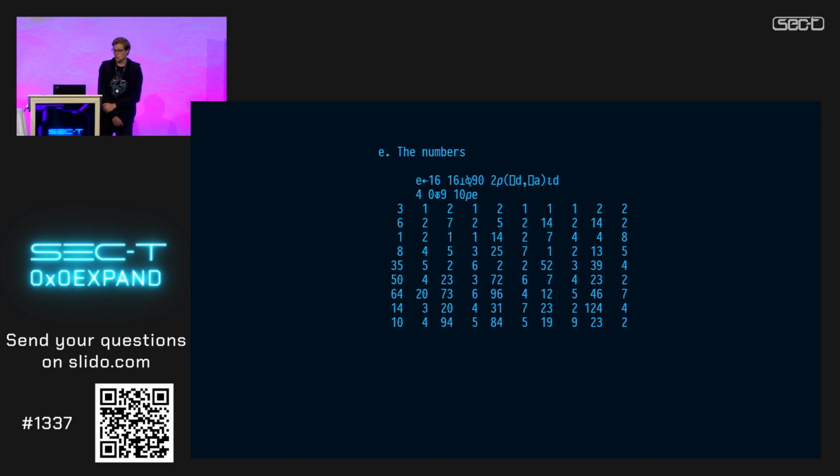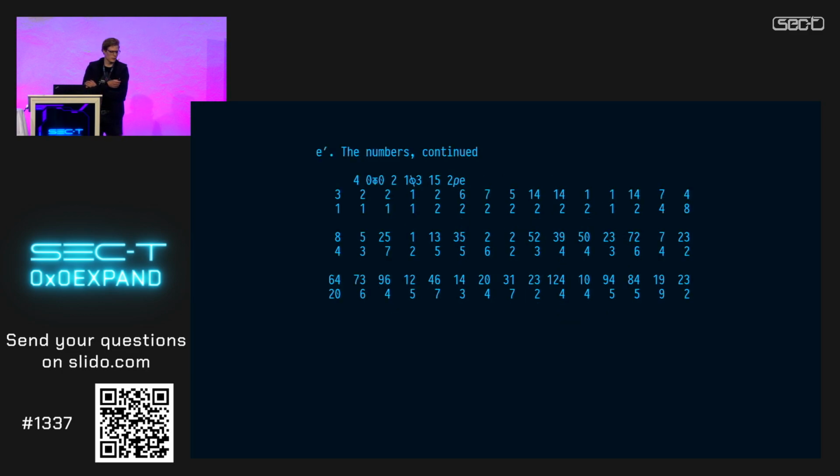And staring at this long enough, after a while, a faint pattern emerged. So if we take the numbers and group them pairwise, like this, so here we have 3, 1, first pair, then 2, 1, 2, 1, 1, 1, 2, 2, and so on. Then it seems that the numbers are composed of 2 interleaved subsequences, the one going, top of the major 3 rows, beginning 3, 2, 2, 1, 2, and so on, and the one beginning 1, 1, 1, 1, 2, and so on.